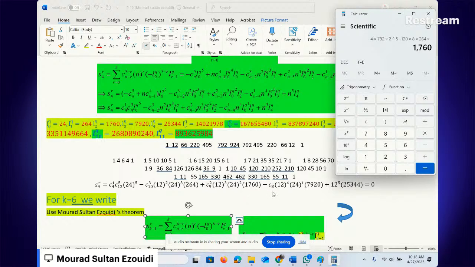Now minus 8 multiplied by 2, because 24 is 2 times 12. I put 12 raised to the power 4 times 12 is 12 raised to the power 5, a common factor in all the terms. So 8 times 2 times 7,920. Every time it gives me a number, which means the calculator was correct.